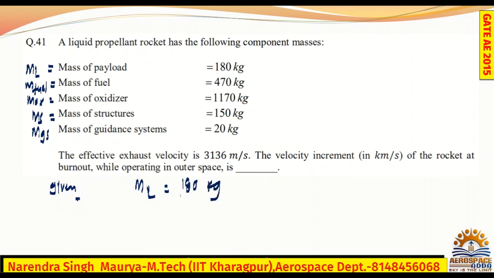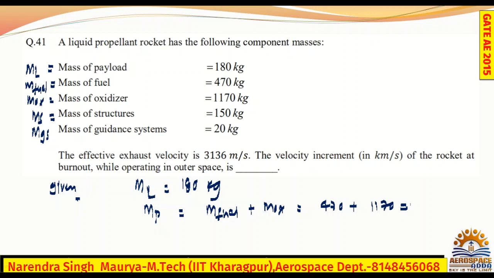ml 180 kg. And because it is a liquid propellant, mp is nothing but fuel plus oxidizer. Now this will be propellant. 470 plus 1170, because in a liquid propellant rocket, oxidizer and fuel are in separate tanks.